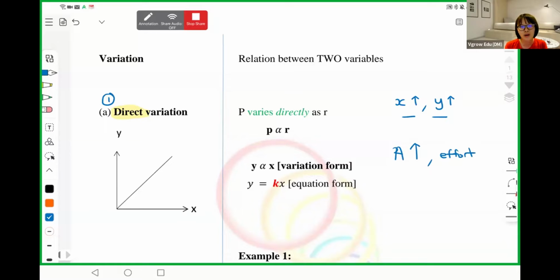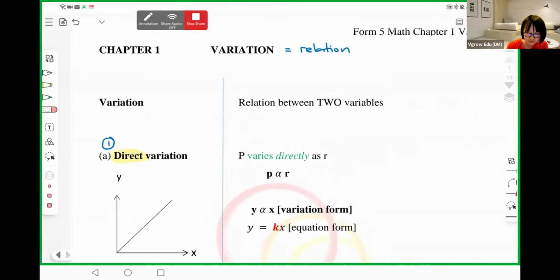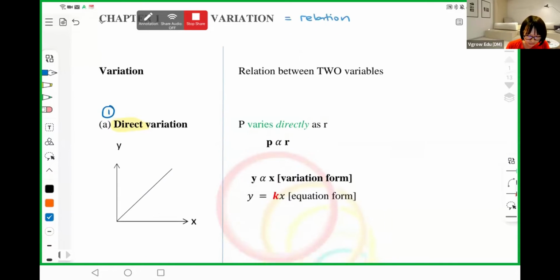If you want to score more A's, you have to put in more effort, right? So this is considered direct variation. It will increase at the same rate or decrease at the same rate. Both variables will increase or decrease in the same direction.